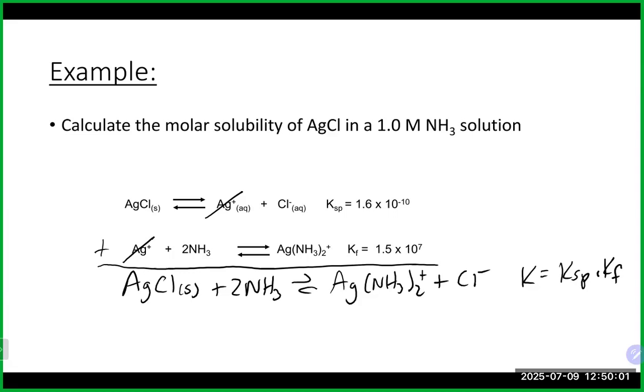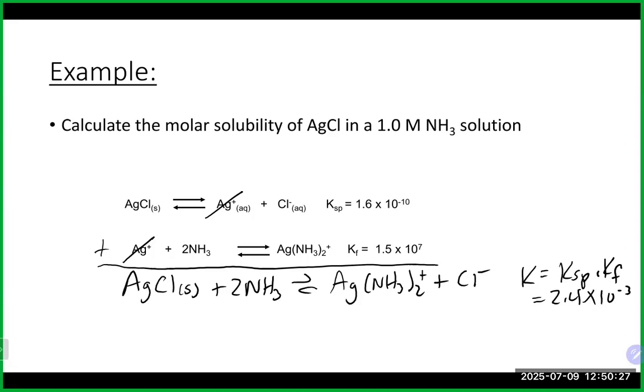So it doesn't really matter what the little subscript is, if they're equilibrium constants, you can multiply them together because they're basically the same thing in terms of how you get that. So if we do that in this case, we will get 1.6 times 10 to the minus 10 times 1.5 times 10 to the 7. And that's going to give us a K value for this overall reaction of 2.4 times 10 to the minus 3.